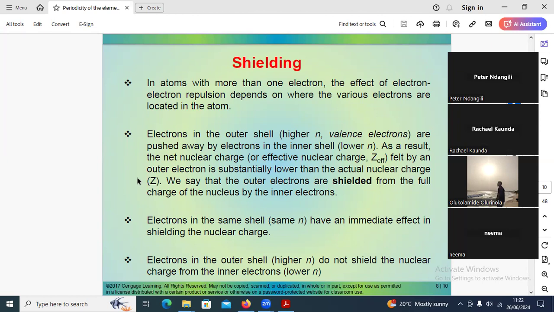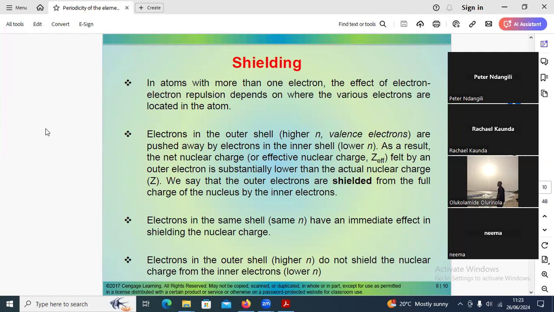We cannot talk about shielding, for example, in hydrogen, because in hydrogen we have only one electron, and that electron is found in the 1s orbital. It doesn't have inner orbitals. It doesn't have other electrons. And therefore, in atoms with more than one electron, there is what we call the effect of electron-electron repulsion, which depends on where the various electrons are located within an atom.